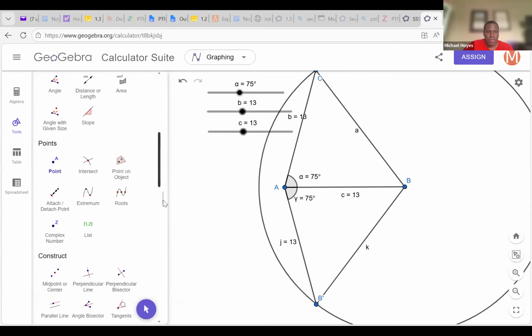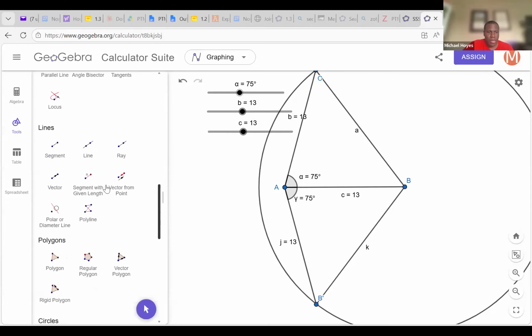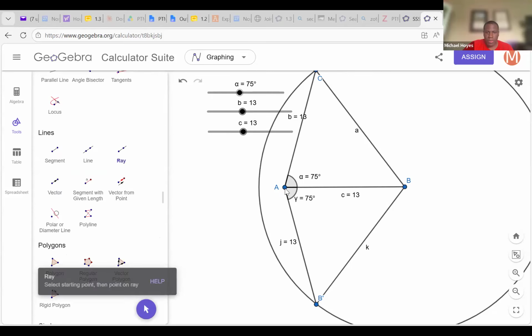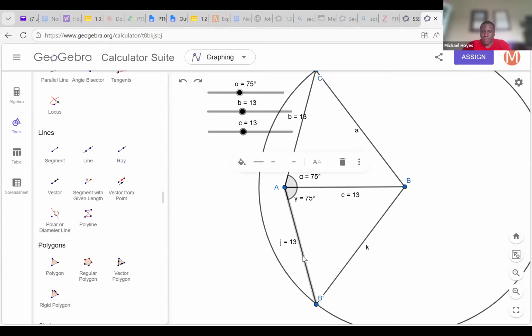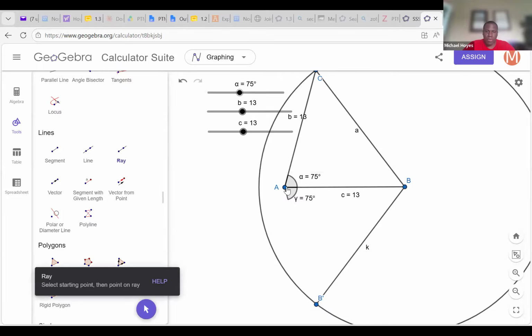Let me get my points of intersection. I want this to be a ray, that way it'll always work. I'm going to get rid of segment AB so I can have a ray down there so it'll always connect. That way I can move things around. Where's this? I want the ray.